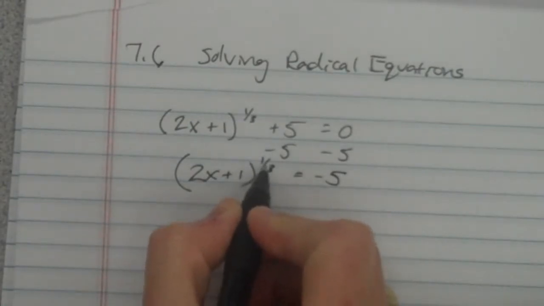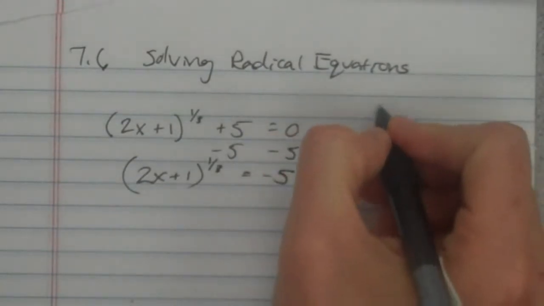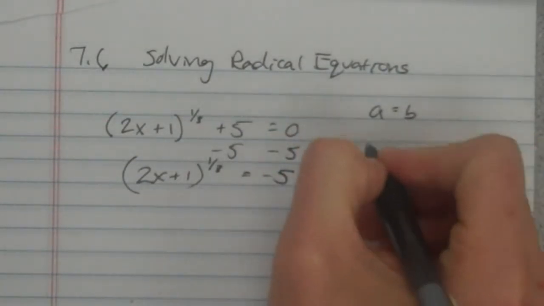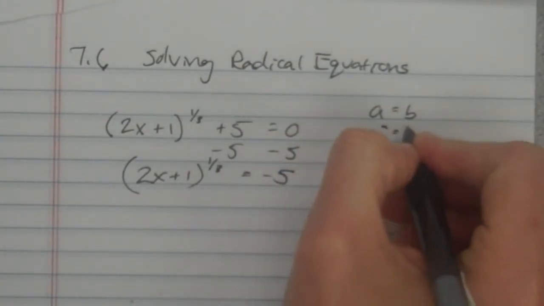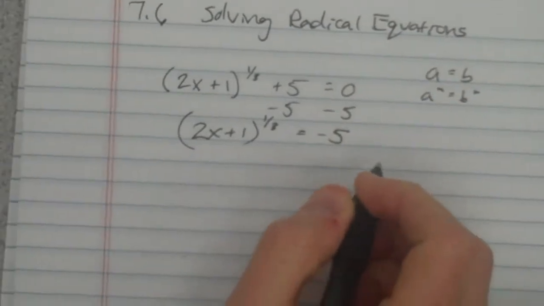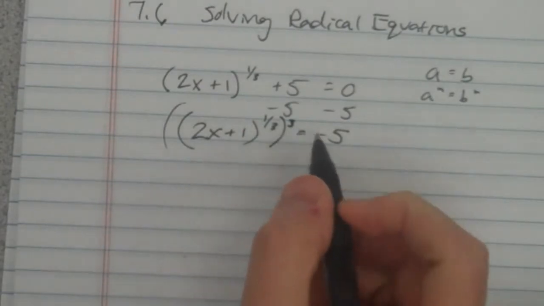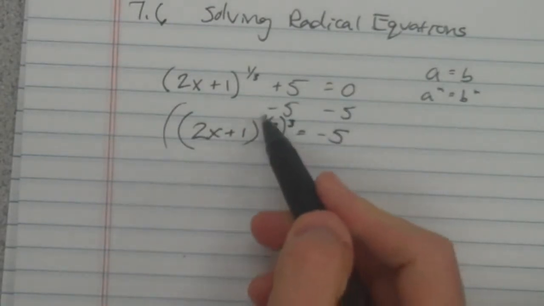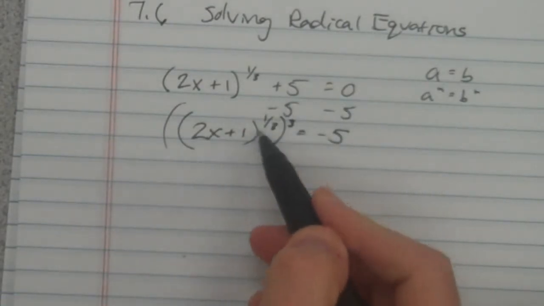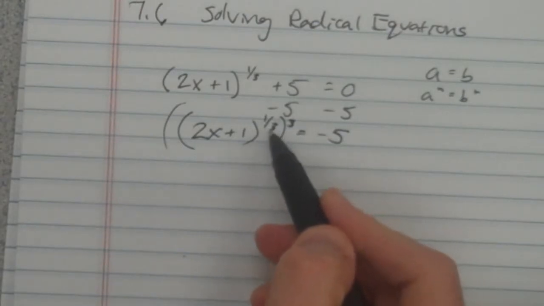Okay, now how do we get rid of this third? Remember, by our rule that we talked about beforehand, if a equals b, then a to the n equals b to the n. So I can take this whole thing to the third power. Why did I choose 3? Because this is the third root, and I want this to equal 1, so 3 divided by 3 equals 1.